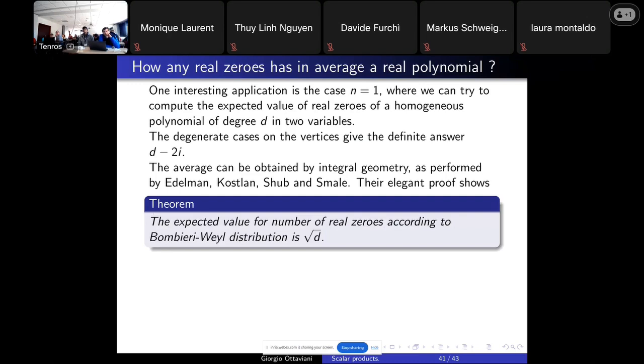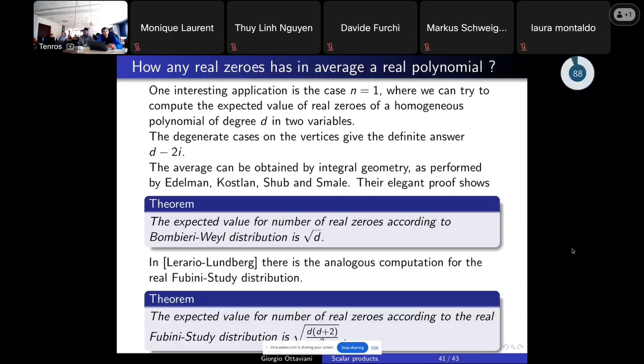The volume of polynomials with real roots is completely different from the logarithm, and the surprise is that this number is exact. It's not asymptotic. They compute this, and Edelman and Kostlan rewrite it with a geometric proof, which is really beautiful and easy, using the geometry of the rational normal curve. You can prove this.